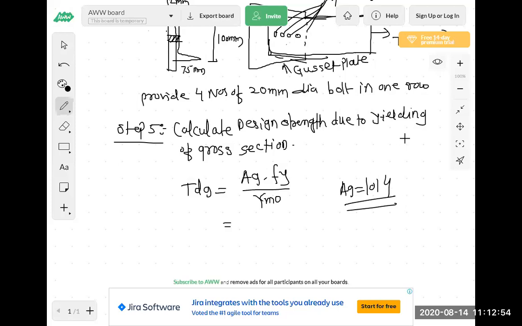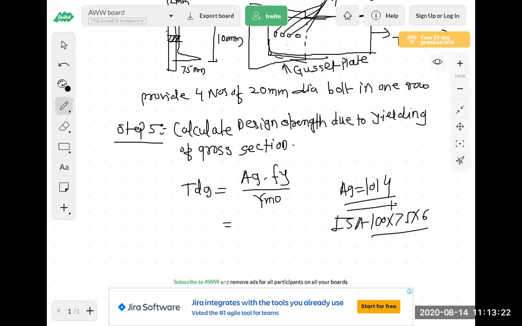We are calculating the strength of the section we have provided, ISA 100 by 75 by 6. We have to calculate the load carrying capacity of this member only.